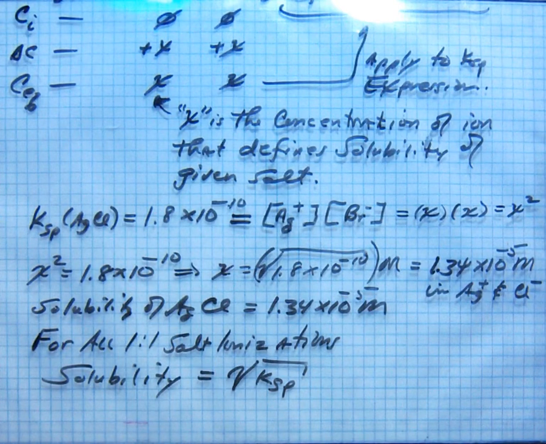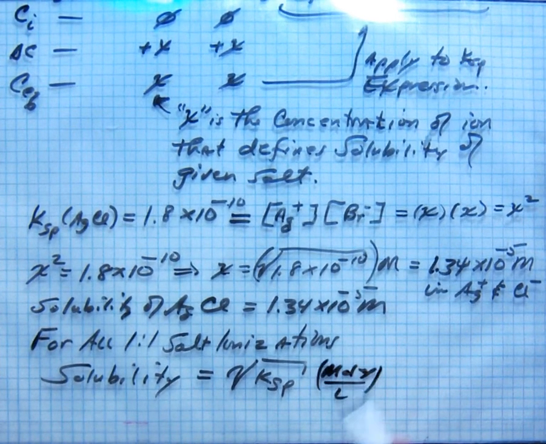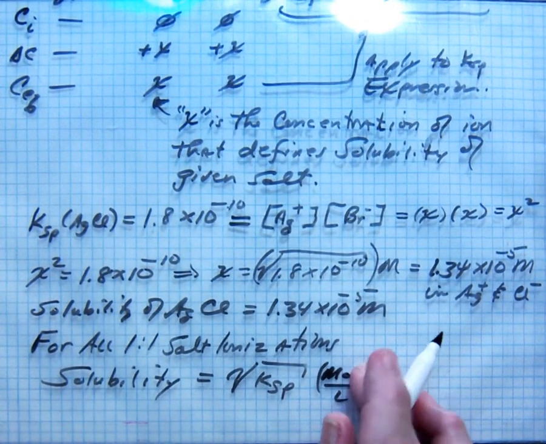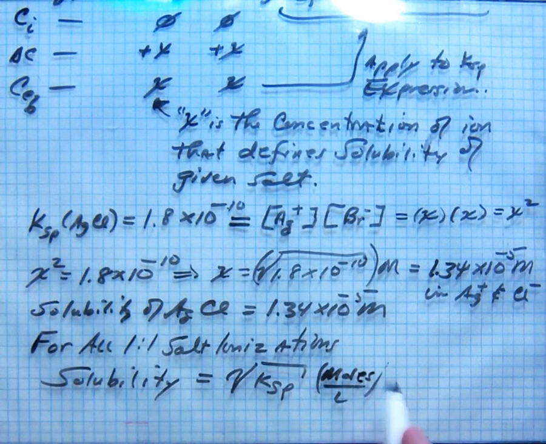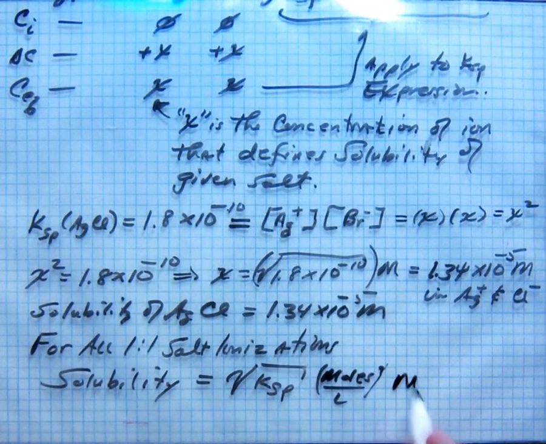So you can go in the book, pick up 1-to-1 salts, take the square root of the KSP number, and that's the solubility in moles per liter. Okay. Capital M.